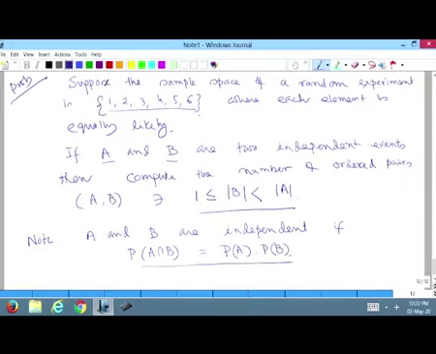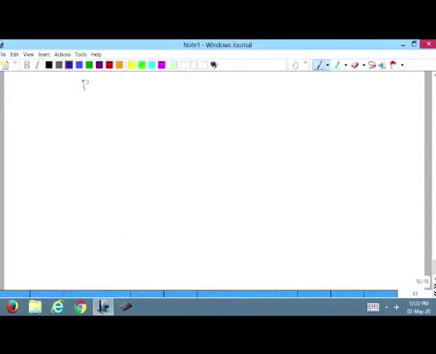Illustration. So, before going into solving the problem, let me illustrate. Say B is equal to, suppose, {1, 2} and A is equal to {1, 2, 3}.